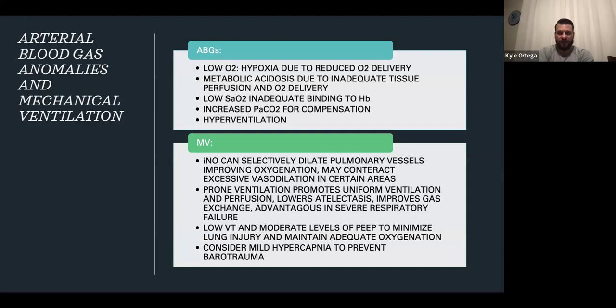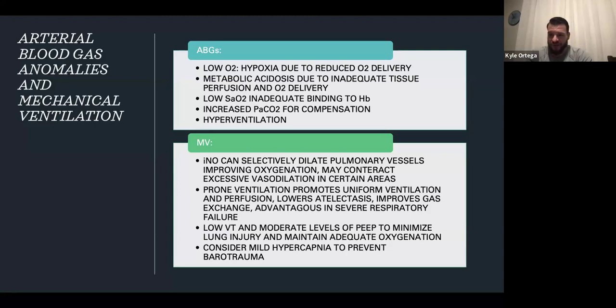All right, so next, mechanical ventilation. I know that inhaled nitric oxide can selectively dilate pulmonary vessels, improving oxygenation, and may counteract excessive vasodilation in certain areas. Prone ventilation promotes uniform ventilation and perfusion, lowers atelectasis, and improves gas exchange.